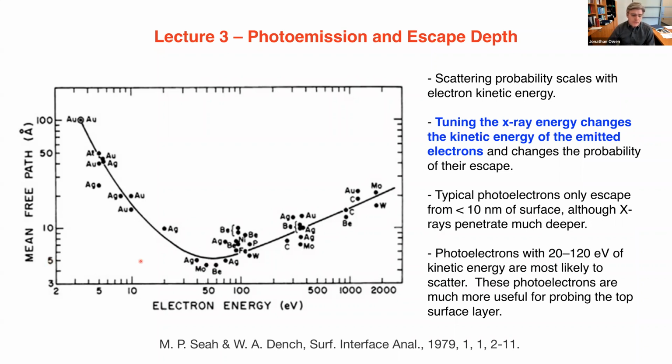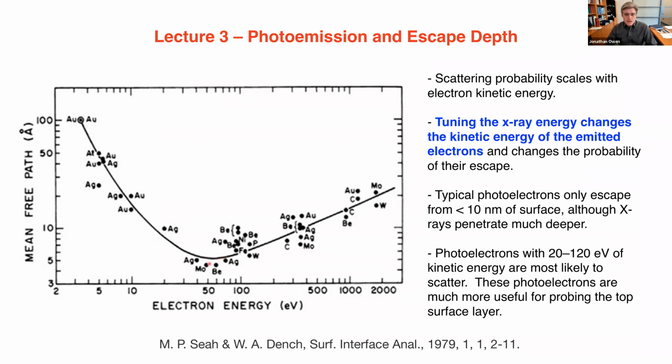If your electron has even less energy, its mean free path goes up, or higher energy, its mean free path goes up. Now, I don't really understand why this is the case, but it happens to be true that the mean free path, or the probability of a scattering event, is dependent on the kinetic energy of the electrons coming out.